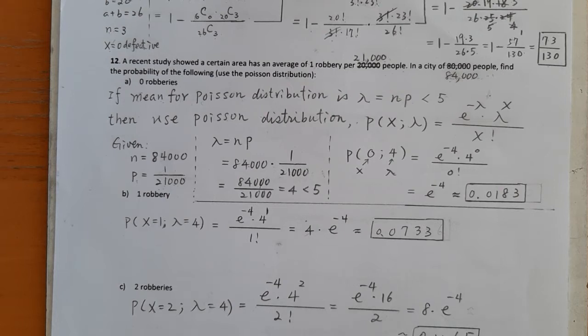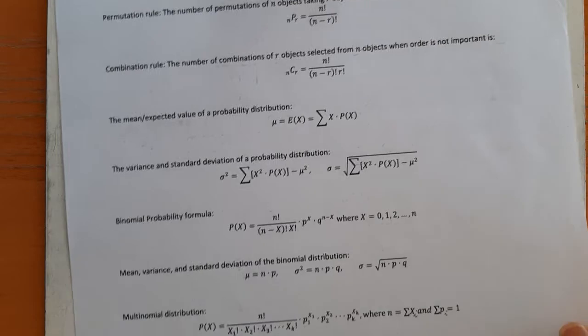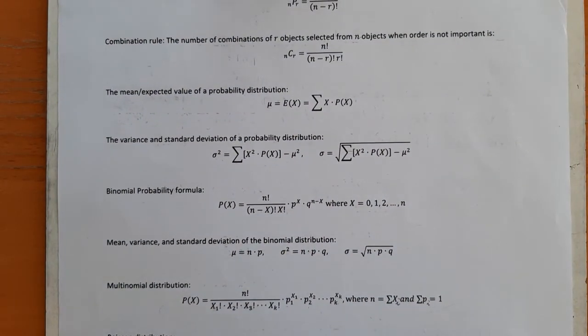So we use Poisson distribution to approximate the binomial distribution. What is the Poisson distribution formula? You also can find this formula on the back.